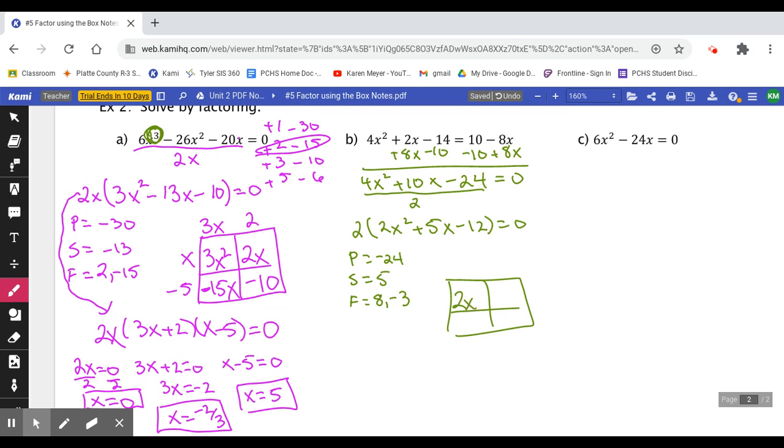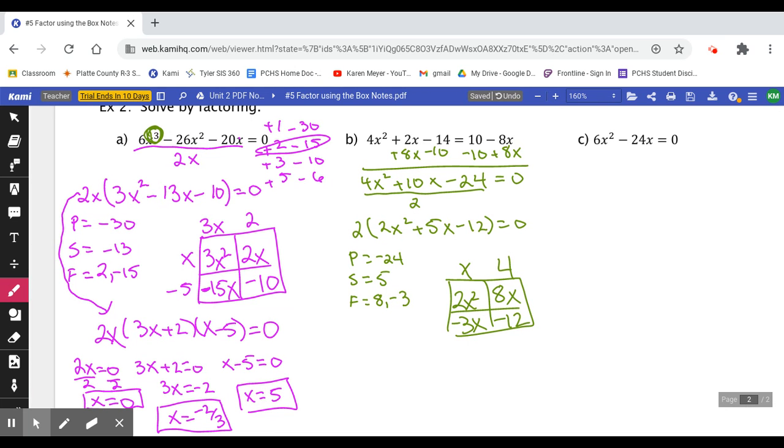So 2x squared, 8x minus 3x minus 12. Up and down, they have an x. Up and down, both numbers are divisible by 4.